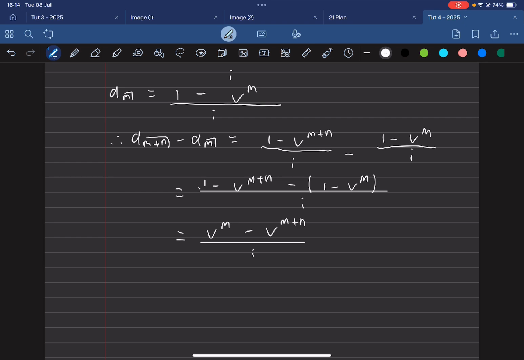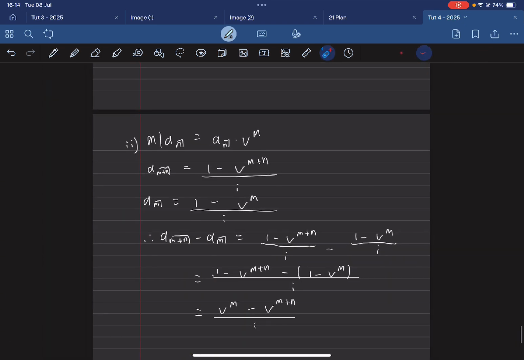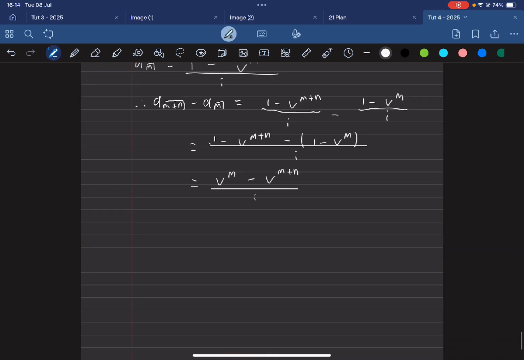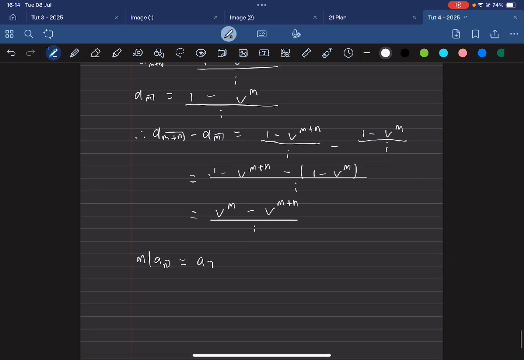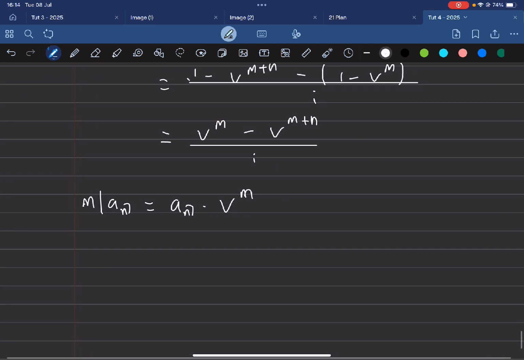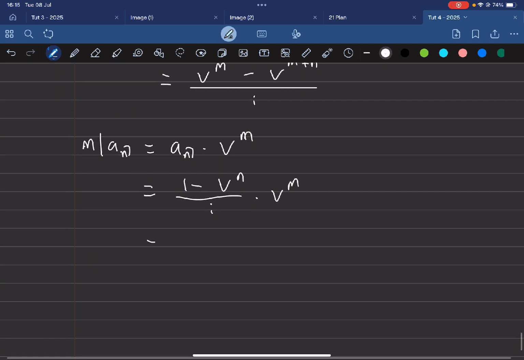Cool. Okay, so this is pretty good. So now we kind of want to prove that they're both the same. So now we've shown this. Now let's see what this would become. So the deferred annuity, we said it was a normal annuity multiplied by v to the m, and that would be 1 minus v to the n over i times v to the m, which becomes v to the m minus v to the n plus m over i.